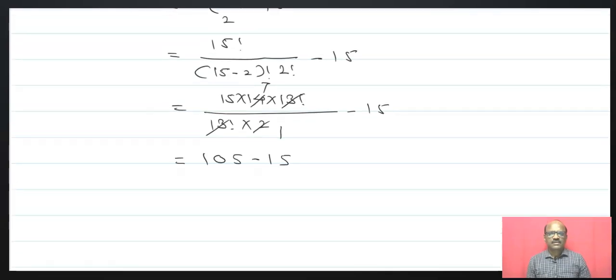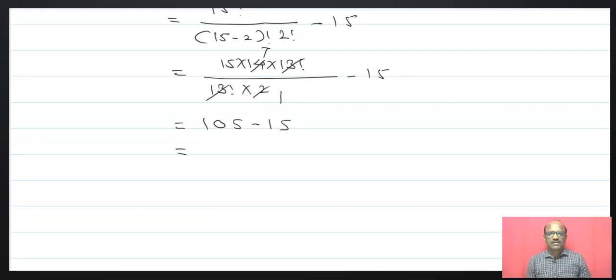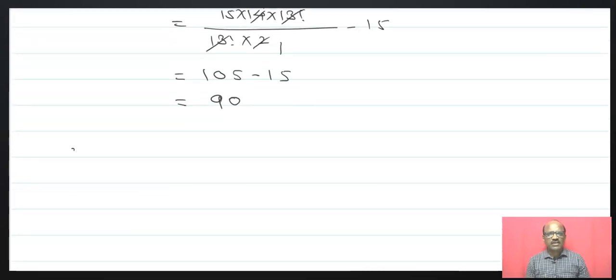After the normal calculation, you can perform that calculation. That is equal to 90.